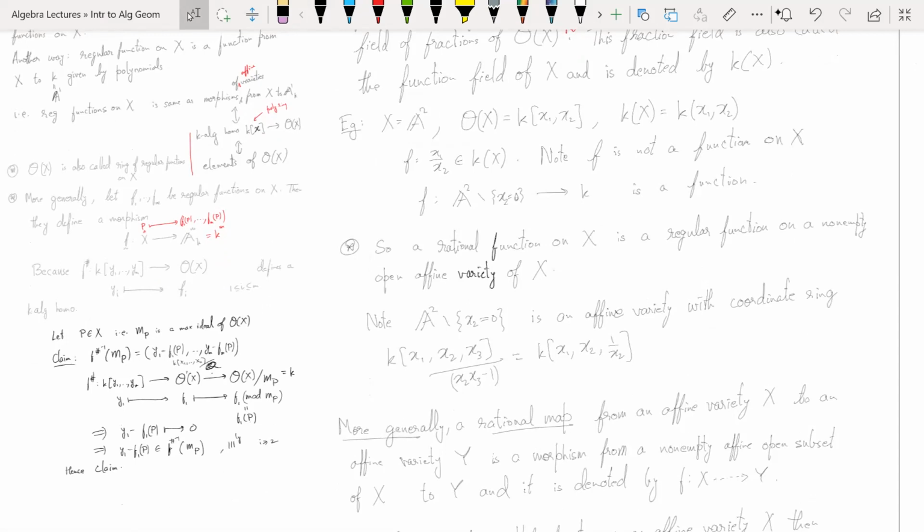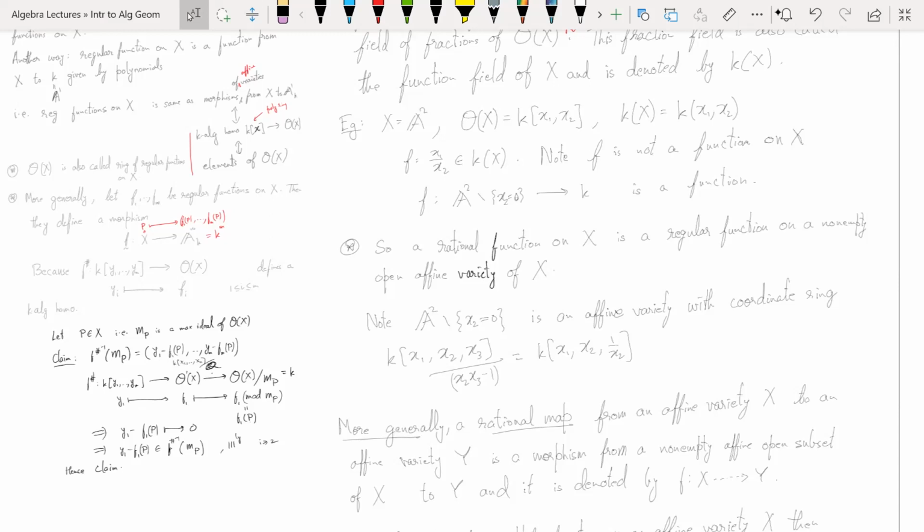You can think of it as having a coordinate ring like this, because you can embed A2 minus x2 equals 0, where you're removing the x1 axis. You can't embed it in A2 as a closed subset, but in A3 you can embed it.